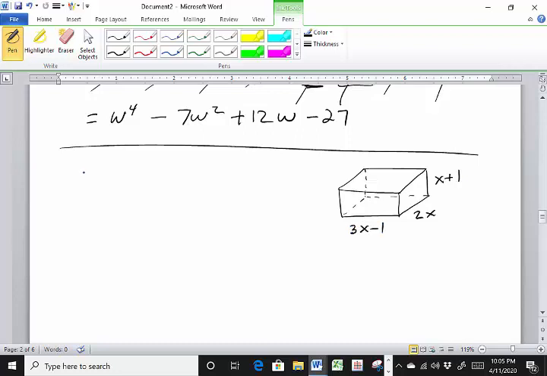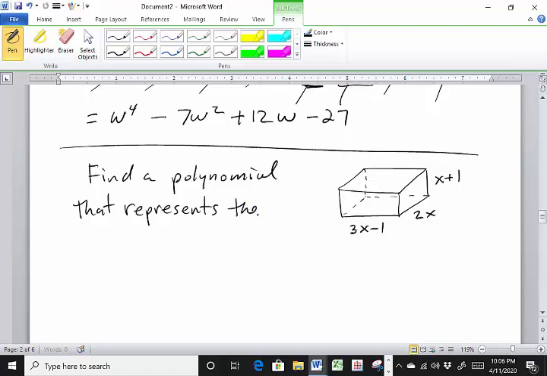And I want you to find a polynomial that represents the volume of the box, right?